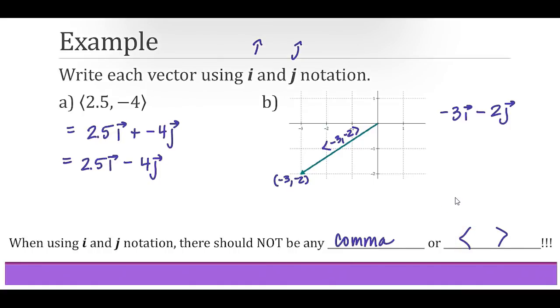I'll do it in red really quickly: students mix things up and put something like -3i, comma, 2j. That's completely incorrect. I can never have i's and j's with angle brackets and commas. They are two completely different notations, so I shouldn't ever see commas and angle brackets alongside i's and j's.